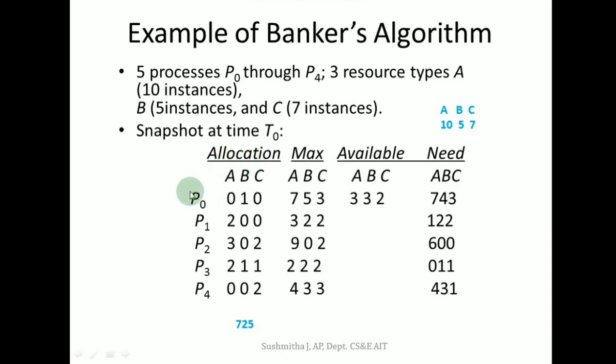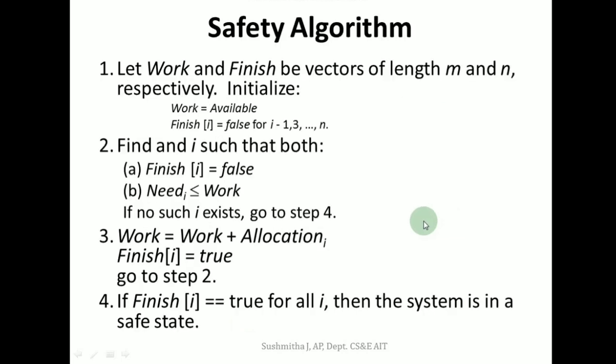No. So I cannot give it to P0. Now let me go for the next process, that is P1. Is it less? Yes. Then I can allocate it to P1. When we take up the problem, we'll execute the same problem further. So this is how the safety algorithm works.